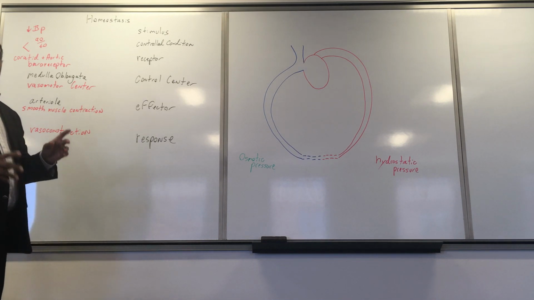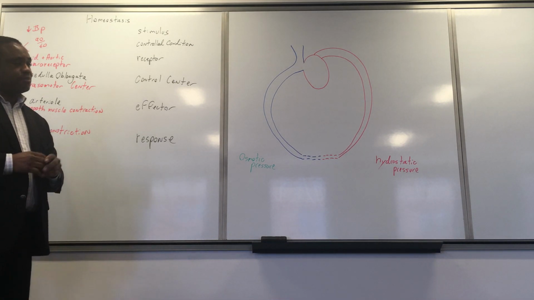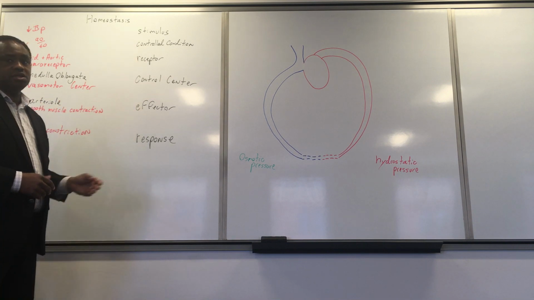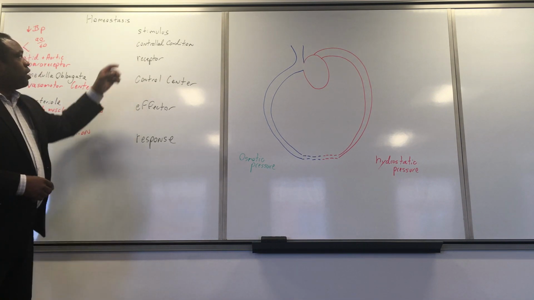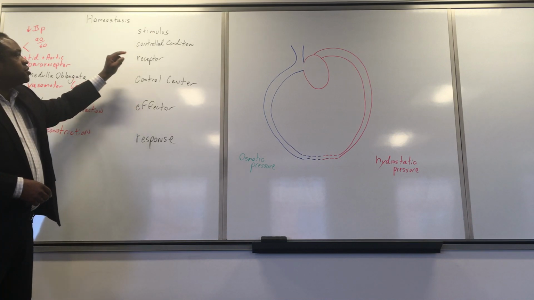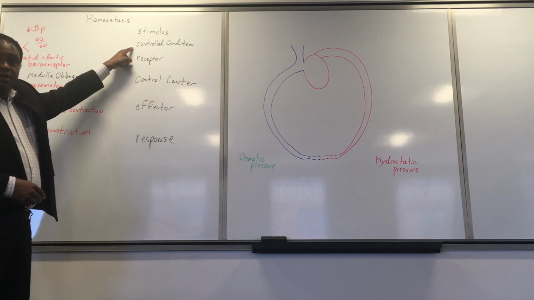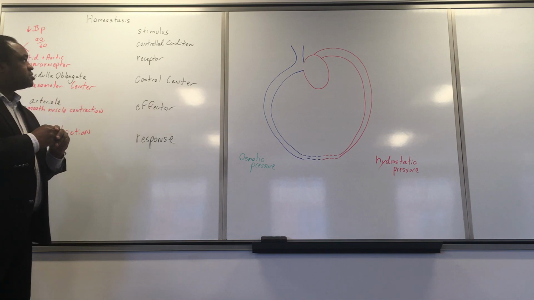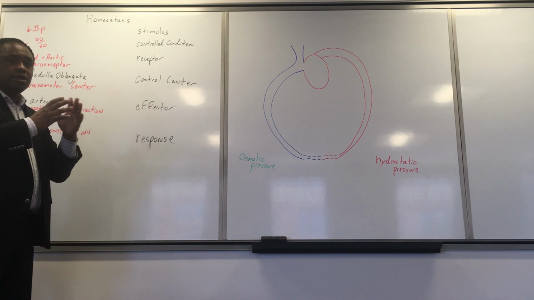Let's remember that in homeostasis, and I'm going to do this with plenty of other systems, it's very important to understand homeostasis and the parts of homeostasis. So we're all in homeostasis. There's always a stimulus that changes the internal environment. Whatever that particular variable is, it's controlled and within normal limits.